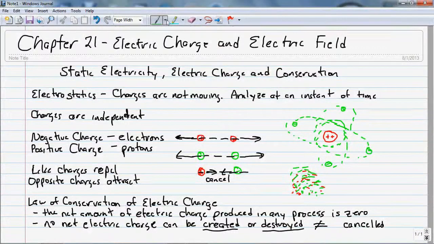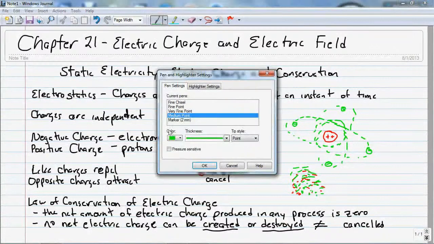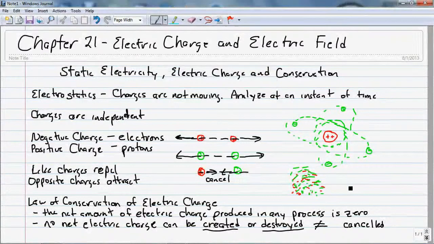Then I can make the equation or the rule, and we use Q for charge. So the quantity of the positive charge minus the quantity of the negative charge will equal some, we'll call it, total charge. So it doesn't matter if charges cancel out.